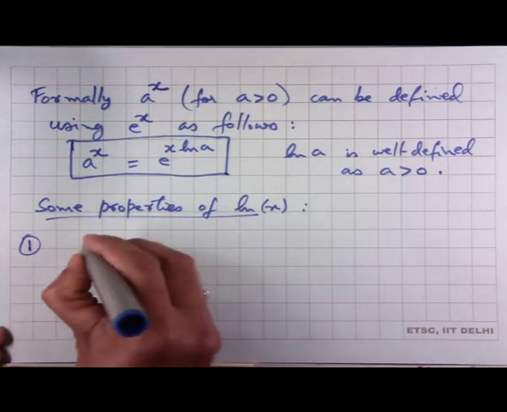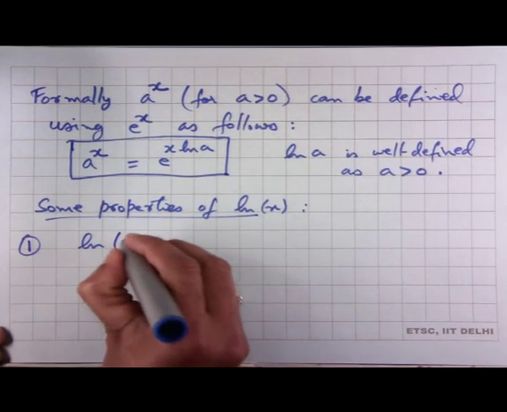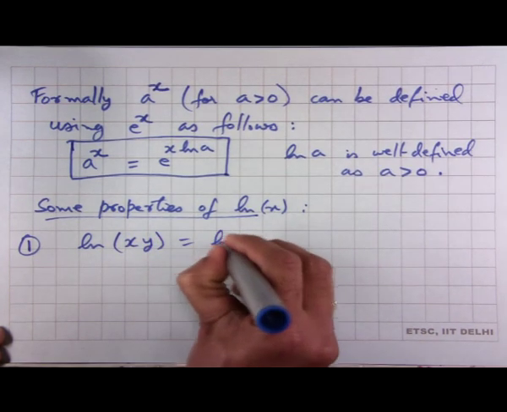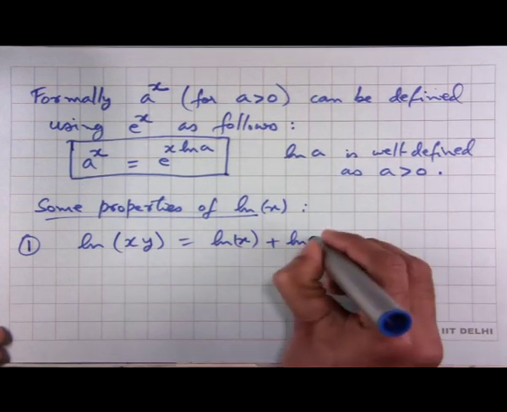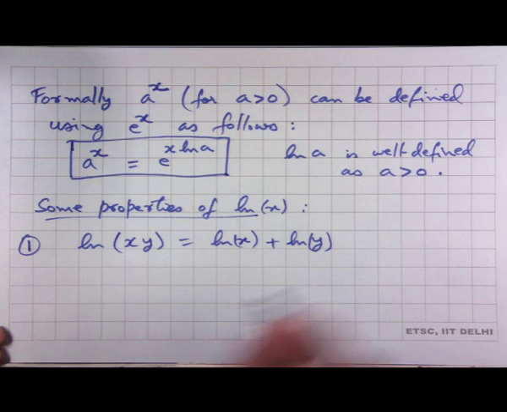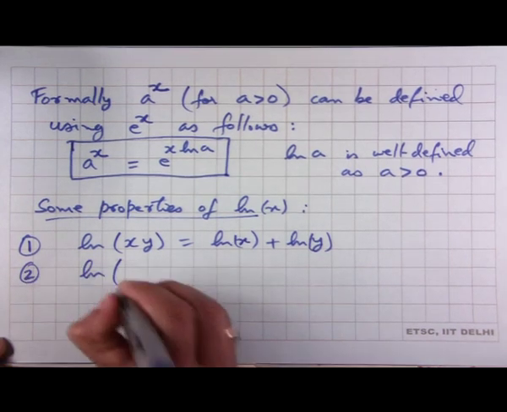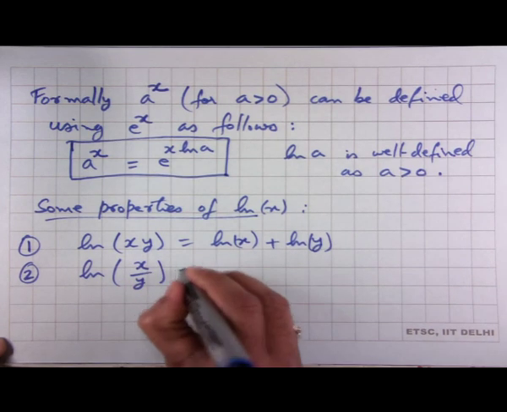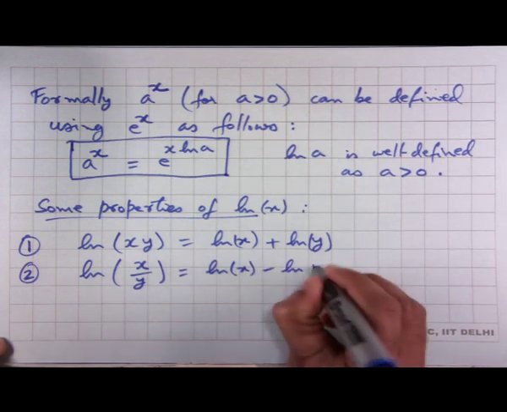One is that the logarithm of the product x times y is equal to the sum of the logarithms. And the logarithm of x by y is equal to ln x minus ln y.